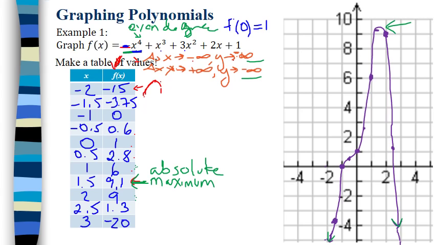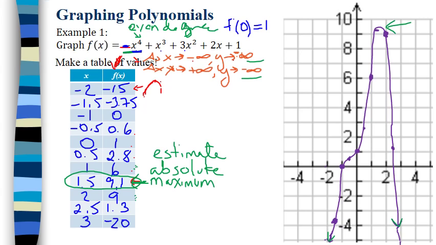Now, this might not necessarily be the exact absolute maximum. We might actually have to put this in a calculator and calculate the absolute maximum. And in calculus, you'll learn ways to find the absolute maximum from the graph. But for now, we're going to estimate the absolute maximum on a table by looking for values that are higher than the y values next to them.